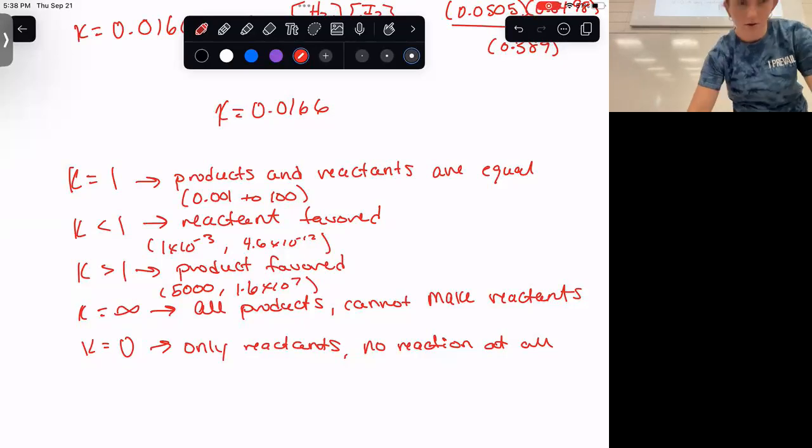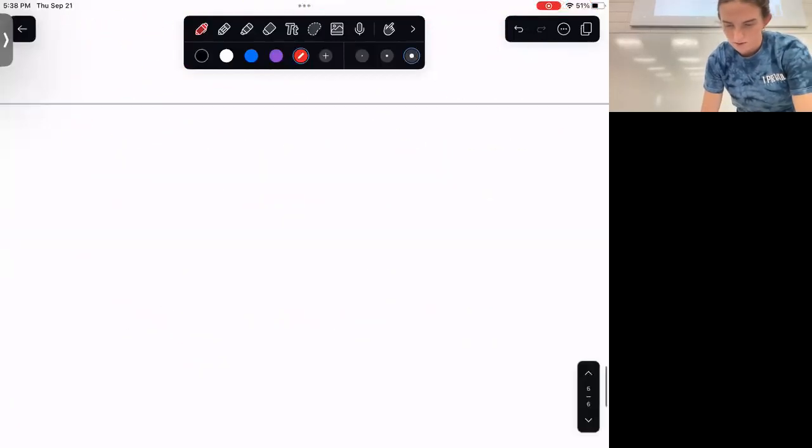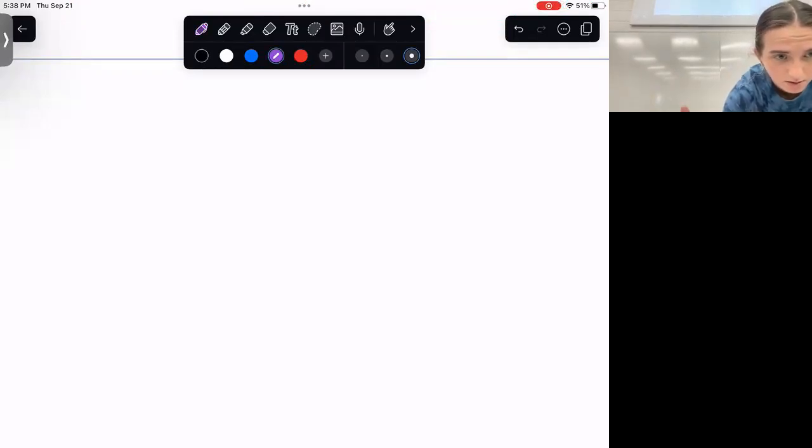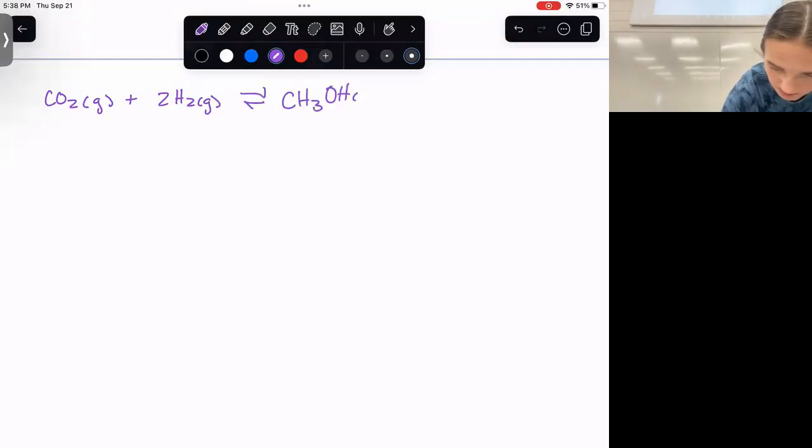Okay, so then let's do another one. Most reactions in reality are equilibrium reactions.